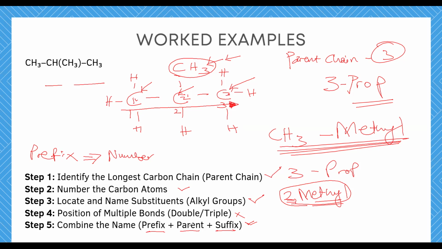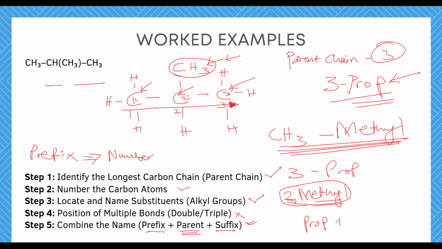So now what is the parent name of this compound? The parent name is based on the number of carbon atoms present in the parent chain. How many carbon atoms are there? 3. Good. So the parent name is prop.